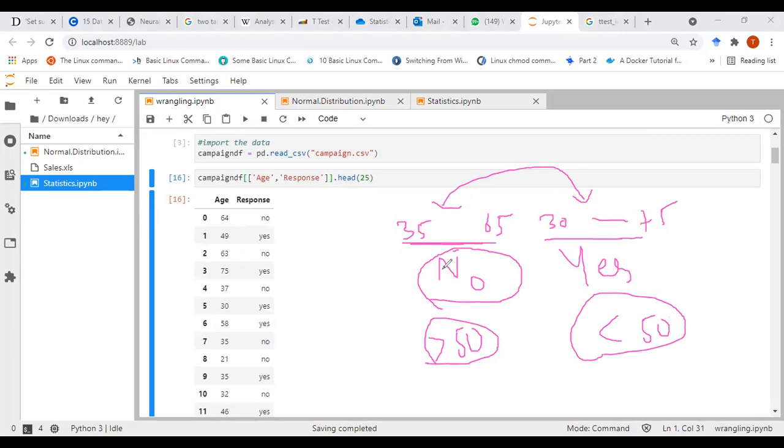That is why you need to conduct a statistical test, because you cannot make a claim about the population unless the test approves it. If the test is telling me that there is no relationship between the age and the response variable, then I have to agree with that. I will not make the bar graph for that.